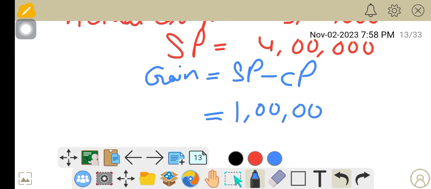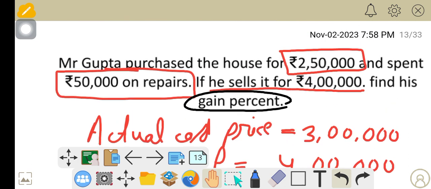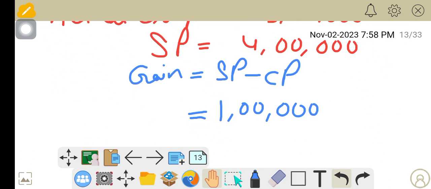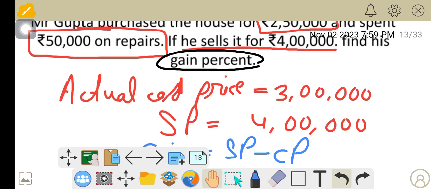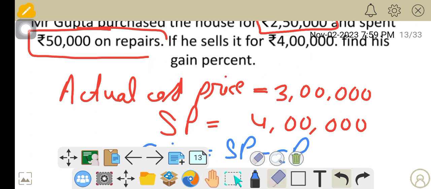So Mr. Gupta got a gain of 1 lakh rupees. But we are not required to calculate gain. We are required to calculate gain percent.